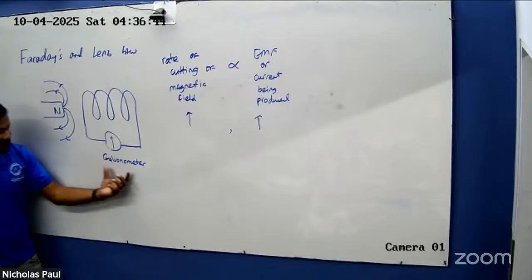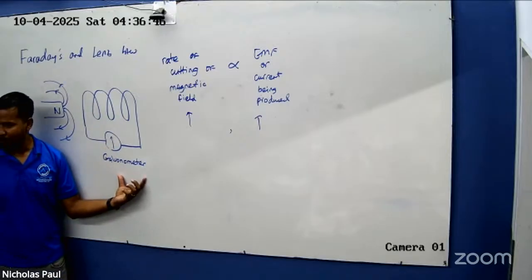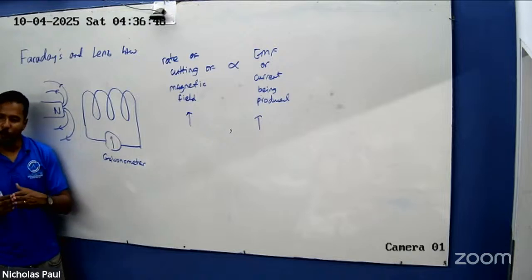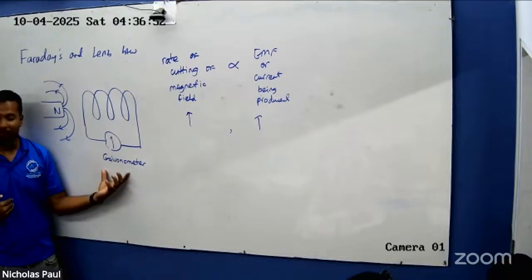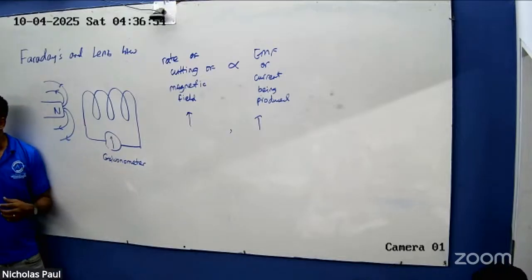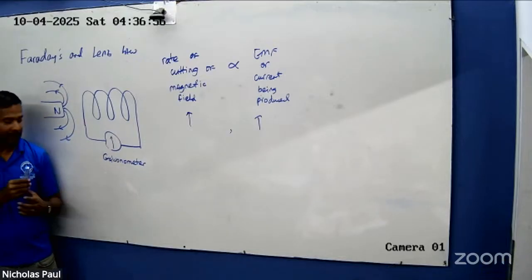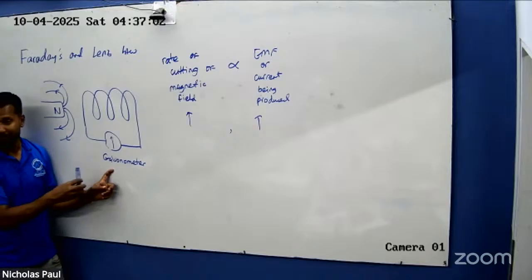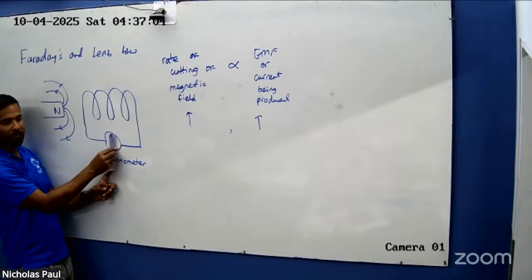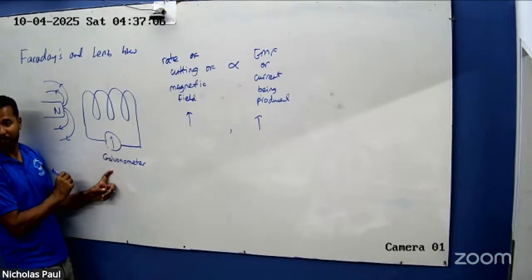But what is a galvanometer? Anybody knows? What's the difference between a galvanometer and an ammeter? Galvanometers will only tell you the current that's there. The ammeter will give you an actual value like 12 or 19. The galvanometer will just tell you current positive or current negative. It doesn't give you a value.